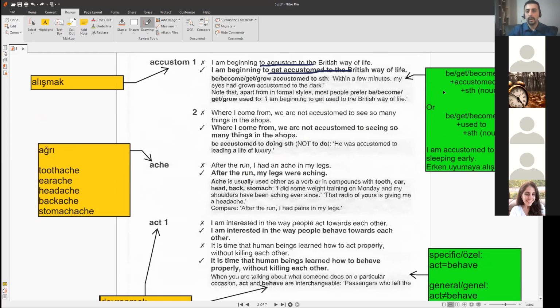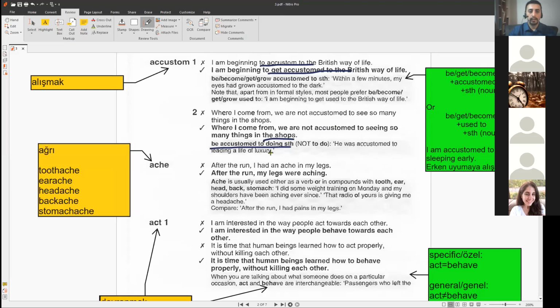And this is again, as I told you, be or get or become or grow accustomed to something, to doing something. What is doing something? Doing something is a noun phrase, as I wrote here. Accustomed to or used to plus something.